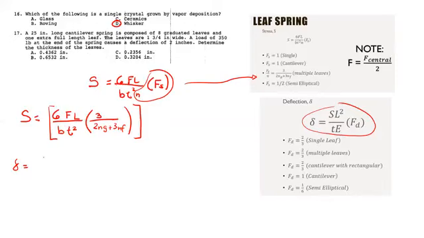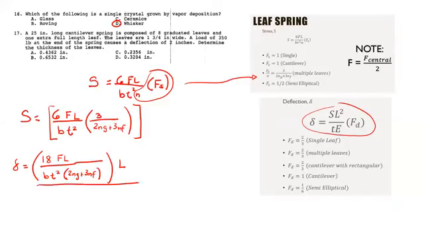So 18 FL over BT squared, then 2NG plus 3NF, then times length divided by thickness times E times yung FD natin.